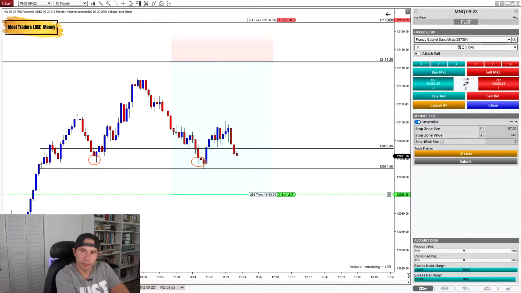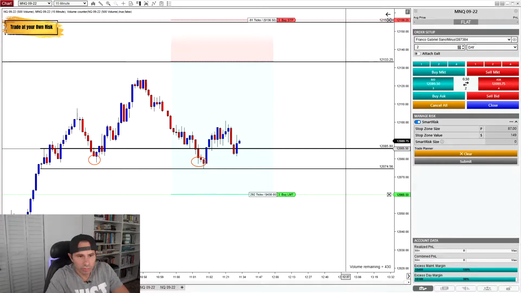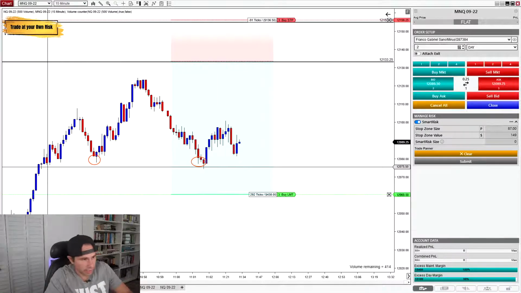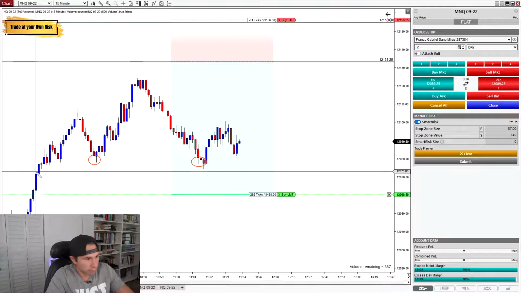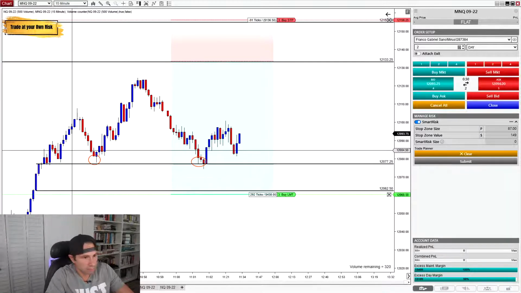Yeah, tick chart is pretty weak though. Still on an uptrend, but it's not making new highs. Actually, this is not the right area. The right area is this one. There we go.